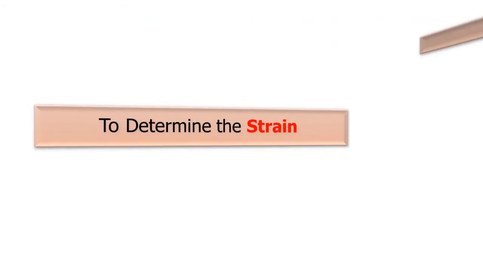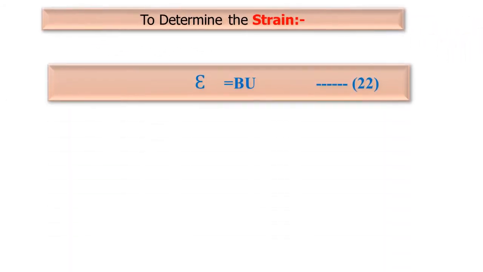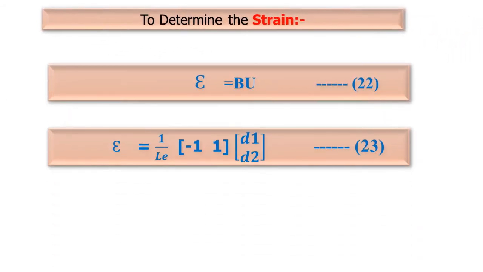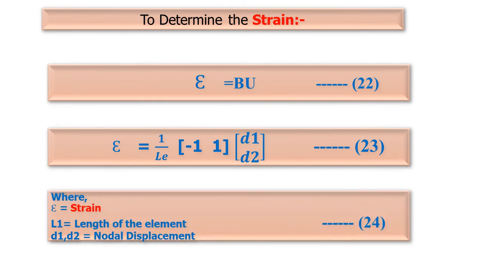Next, to determine strain, the formula is strain is equal to 1 upon Le, minus 1, 1, D1, D2, where epsilon represents strain, Le is the length of element, D1 and D2 are nodal displacements.